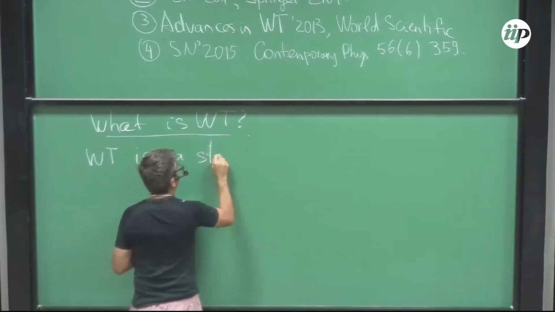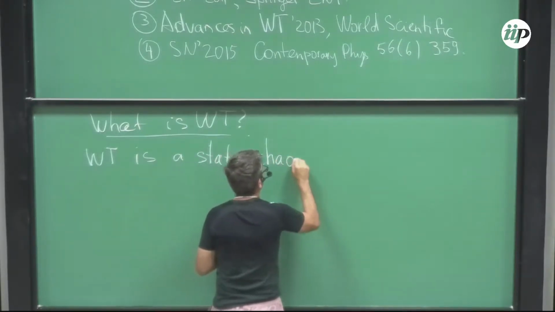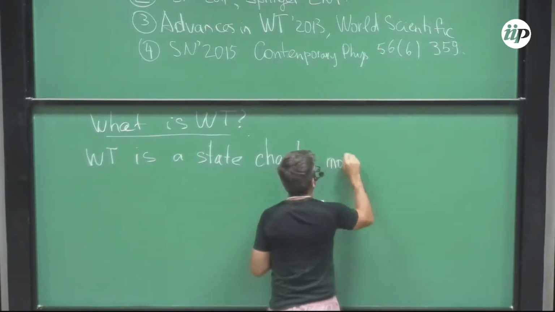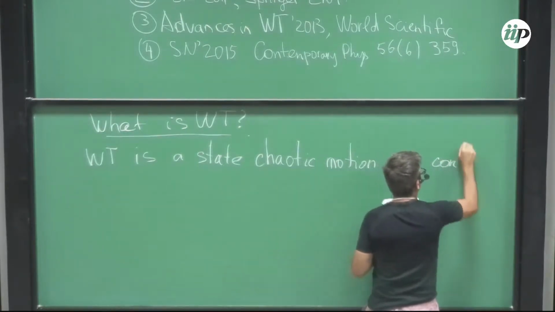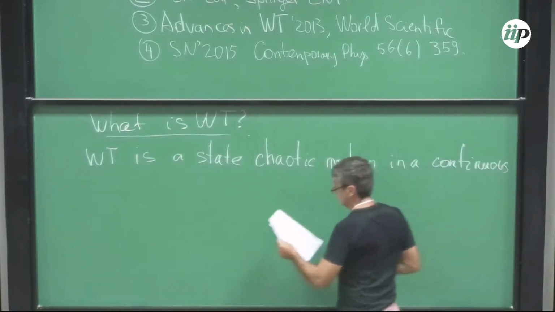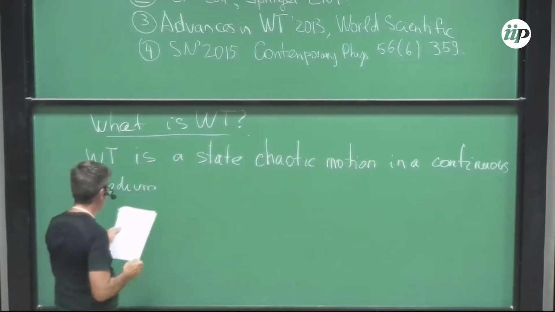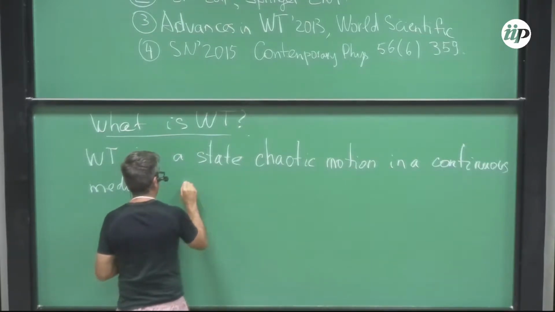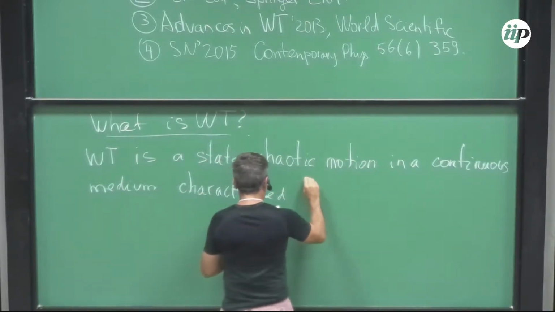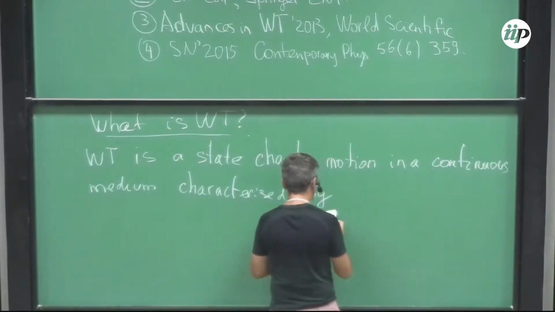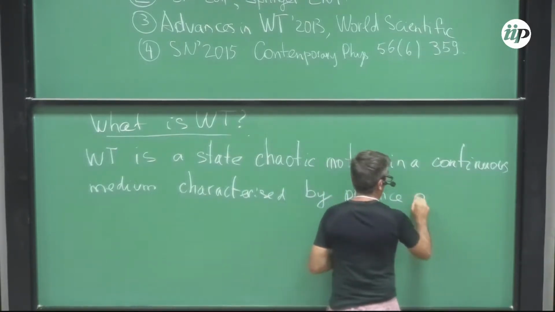So turbulence is a state, and the name turbulence suggests a chaotic motion. So what kind of chaotic motion? It must be characterized by the presence of waves, obviously, right?